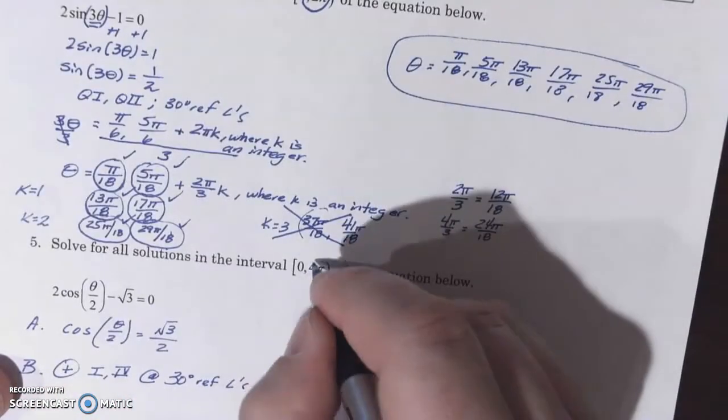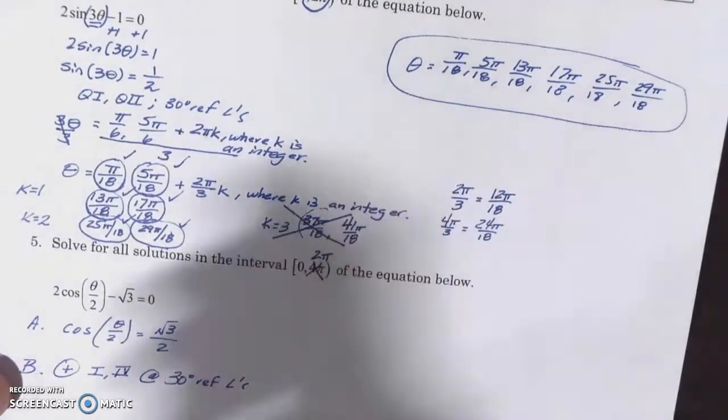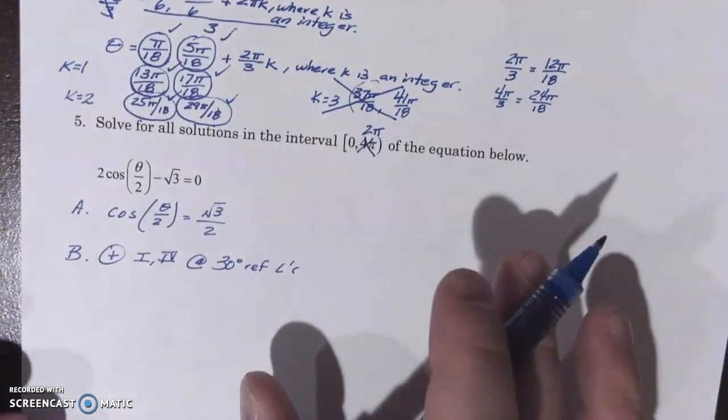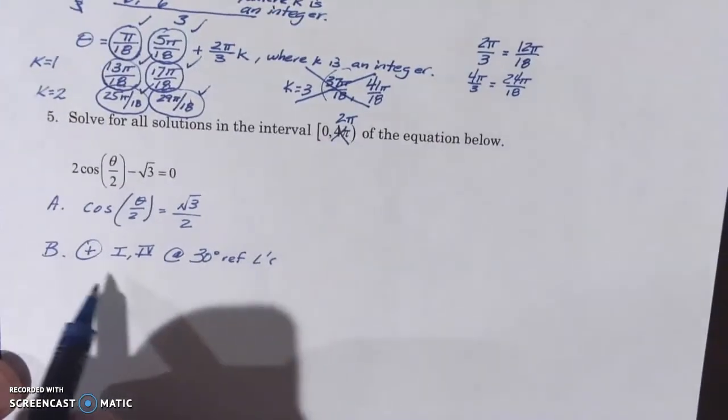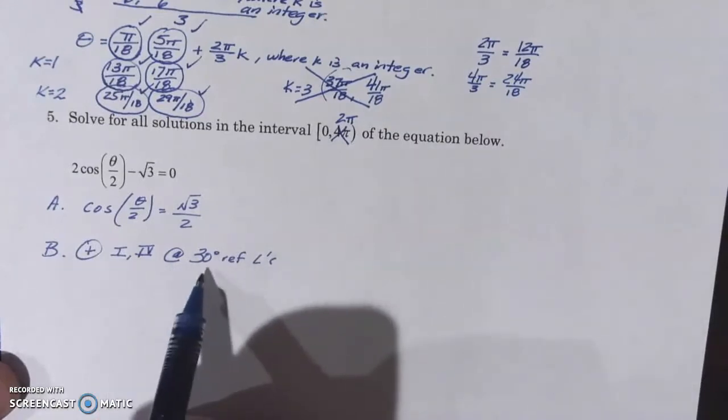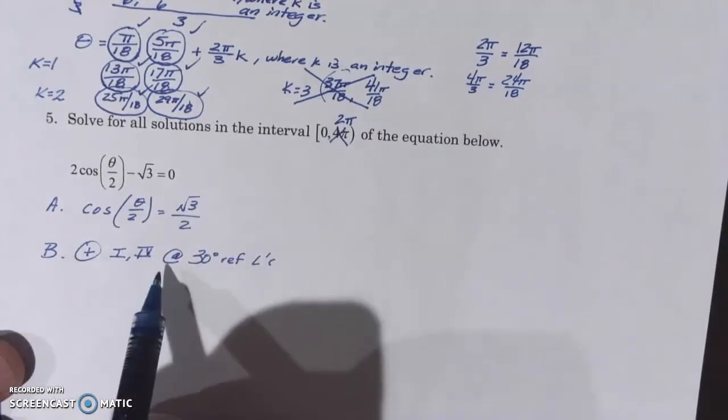By the way, let's change this to 2 pi. There's no reason for us to do 4 pi. Okay, or change that to 2 pi, and that's how we'll ask our questions and problems like this, even on assessments. So that's at 30-degree reference angles, quadrant 1, quadrant 4.